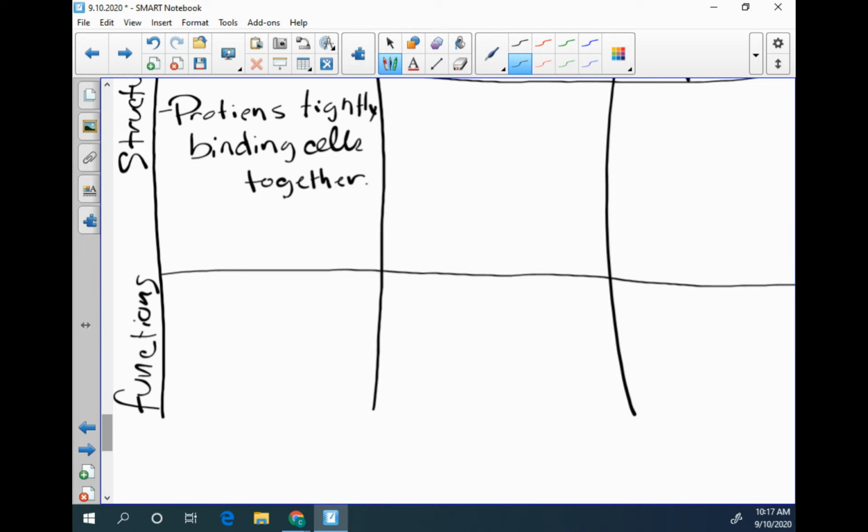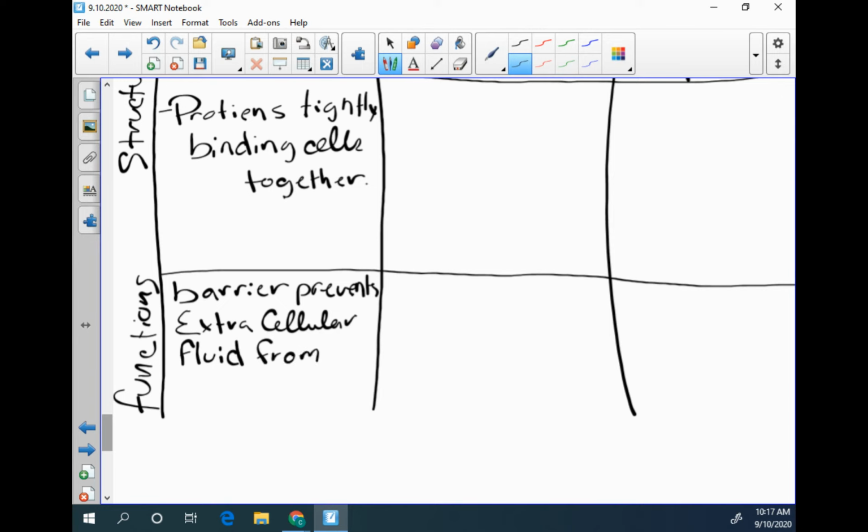So barrier prevents extracellular fluid from leaking across layers.